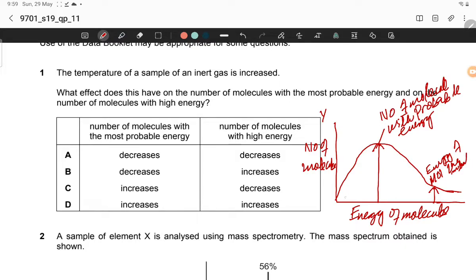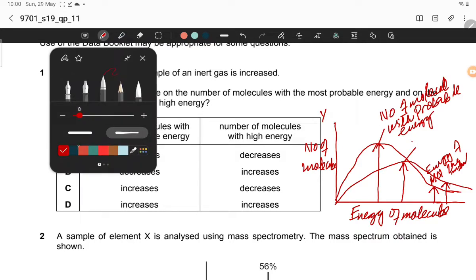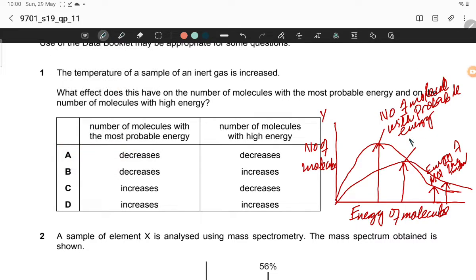When we increase temperature, the curve looks like this. At this point, the number of molecules with probable energy is decreased.